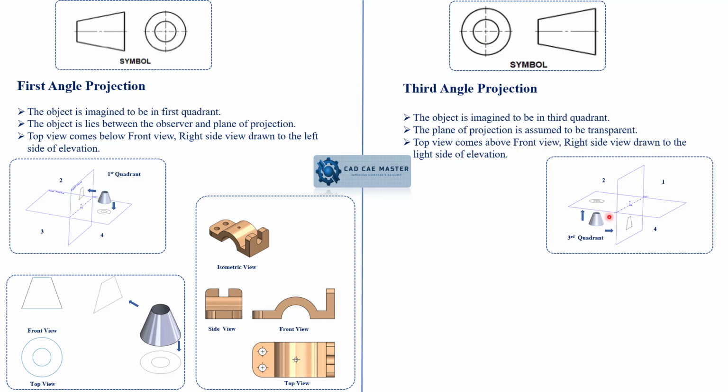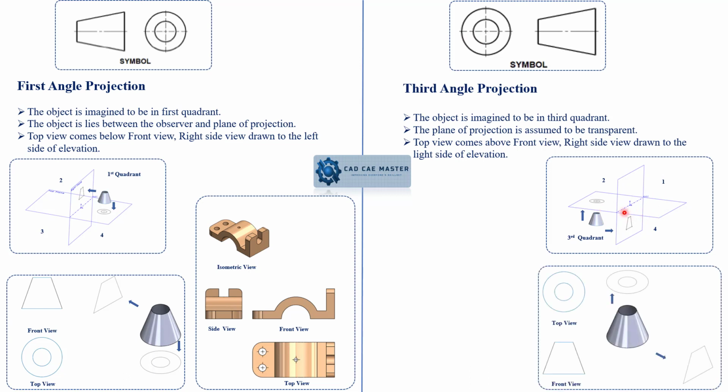Okay. Similarly, if you try to project it, you could see, so the first one is the top view and here it is the front view. This is what it is here. Okay, you can see here the front view, the top view.